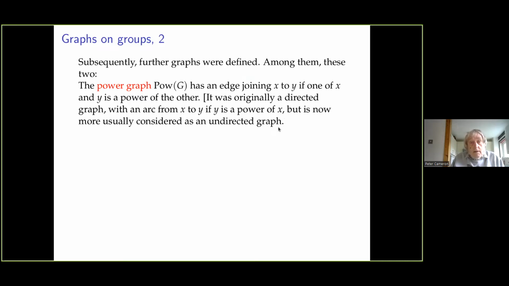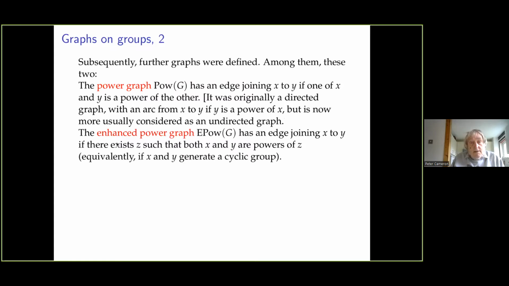And then related to that is the so-called enhanced power graph, where there's an edge joining x and y if x and y are both powers of some element z. So that would say that x and y both lie in the cyclic group generated by z, and therefore the group generated by x and y is itself cyclic. So that's another way of defining the enhanced power graph.